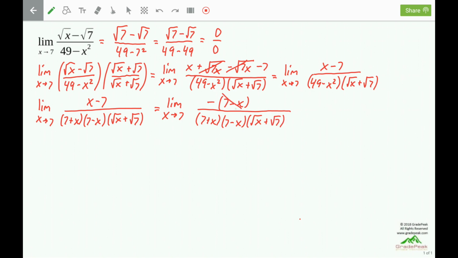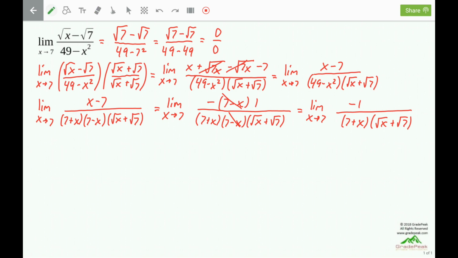And we can therefore cancel those factors out, leaving us with a 1 with the negative in the numerator. So we have limit as x goes to 7 of negative 1 divided by 7 plus x times root x plus root 7.